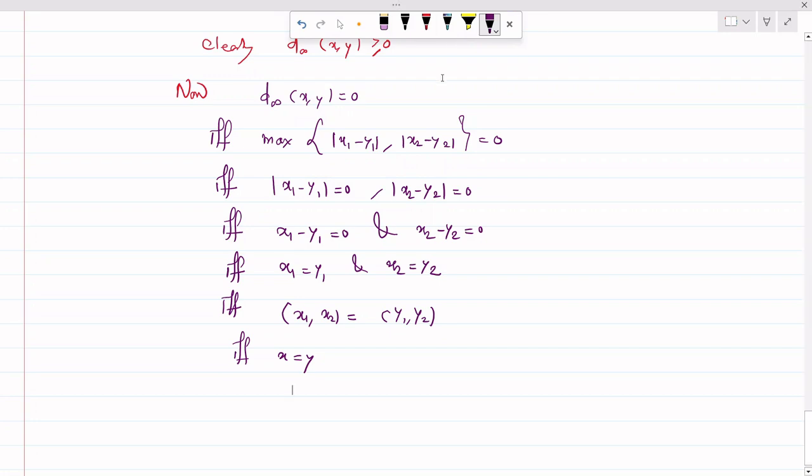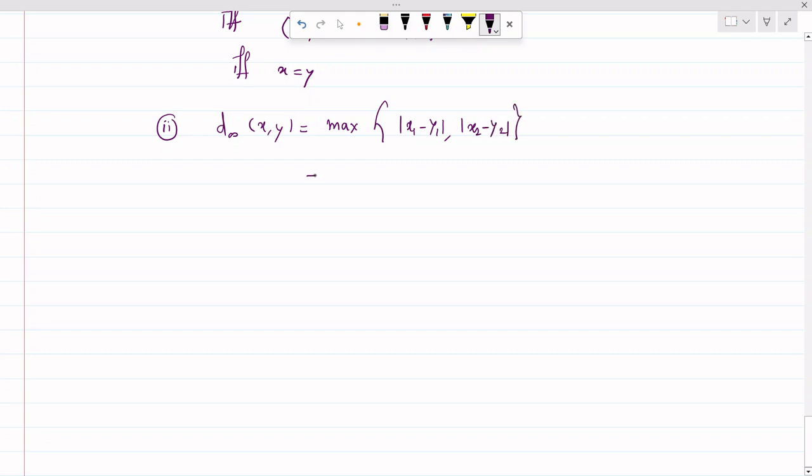Now let's try to verify the remaining two conditions of d infinity. Now d infinity, second condition: d infinity of x comma y is equal to the maximum of, you know the definition, mod of x1 minus y1 comma mod of x2 minus y2.